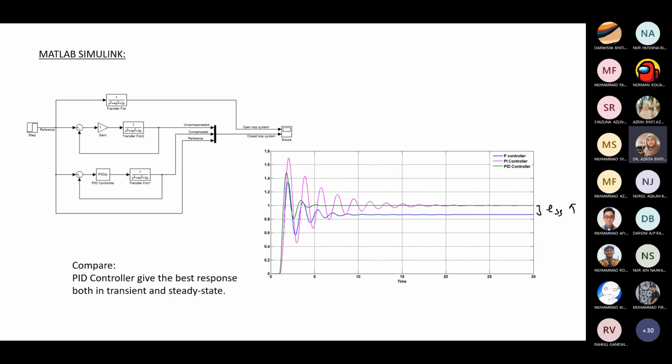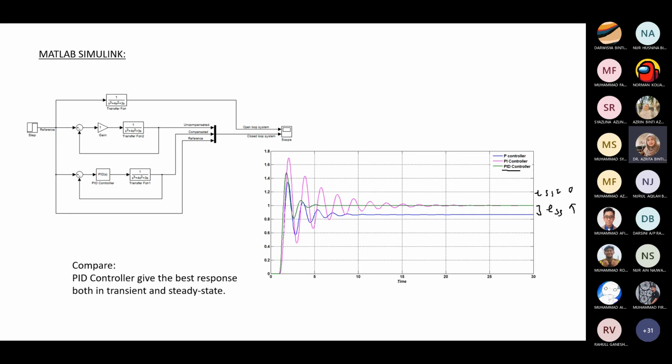And then for the PI controller, we have ESS equal to 0, but we can see that the transient response is not good. There is a lot of oscillation, since, as we already learned, the PI controller only improves the ESS but doesn't improve the transient response.